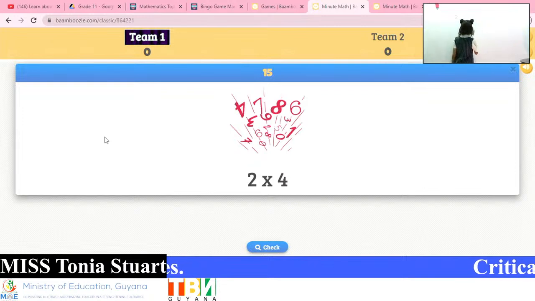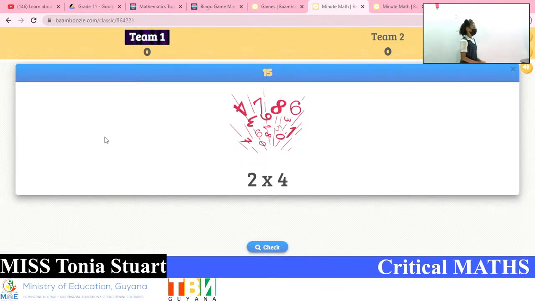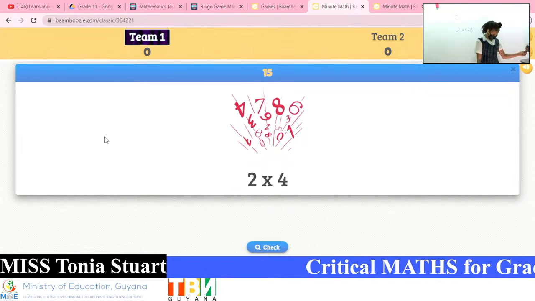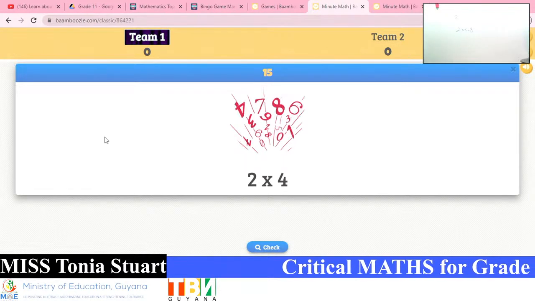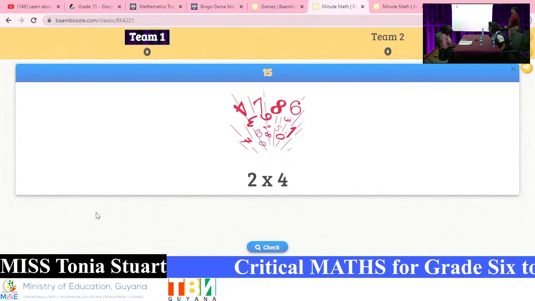Thank you. Write the answer bigger, larger. All right. Thank you. So 2 multiplied by 4 is equal to what according to Azaria? 8. All right, let's check.